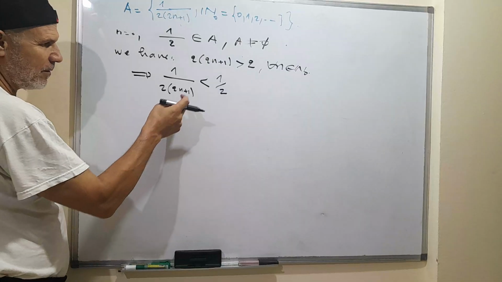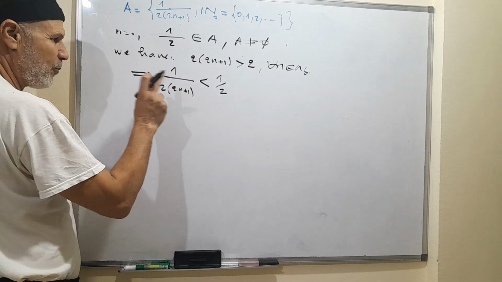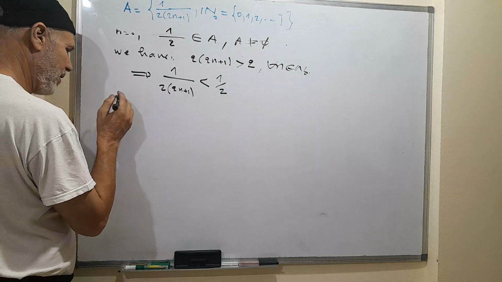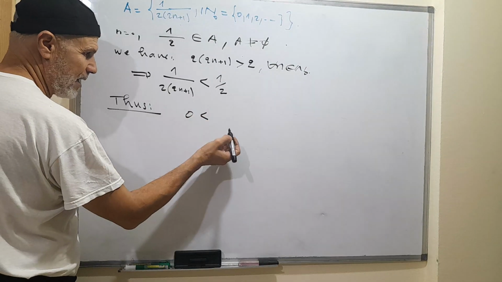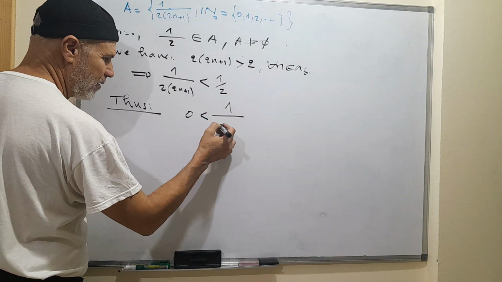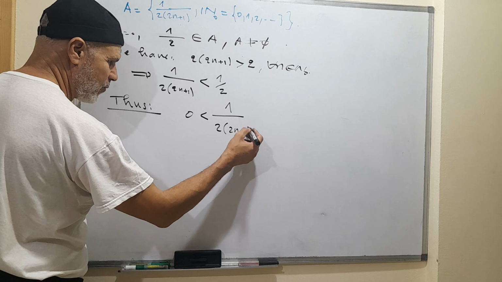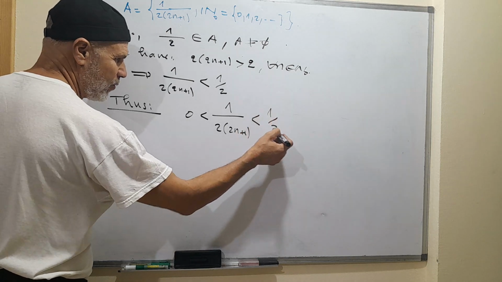And this is a positive number. Thus, 0 is less than 1 over 2n plus 1, which is less than 1 over 2.